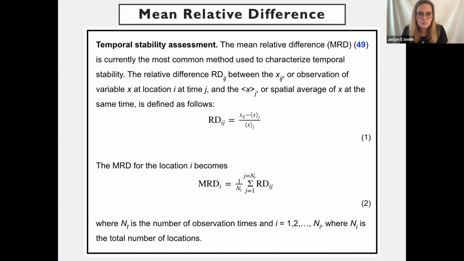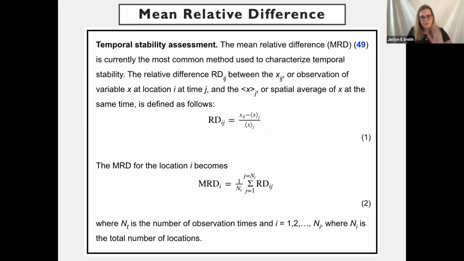So why did we choose mean relative differences? The main reason is they are one of the most common methods for analyzing temporal and spatial trends. The easiest way to put this, a relative difference is how a singular location differs from the pond average. It's calculated by taking a location concentration, deducting the pond's average concentration, and then dividing it by the pond's average concentration.